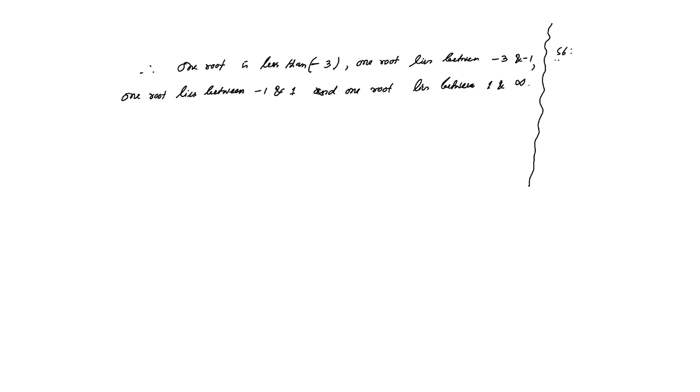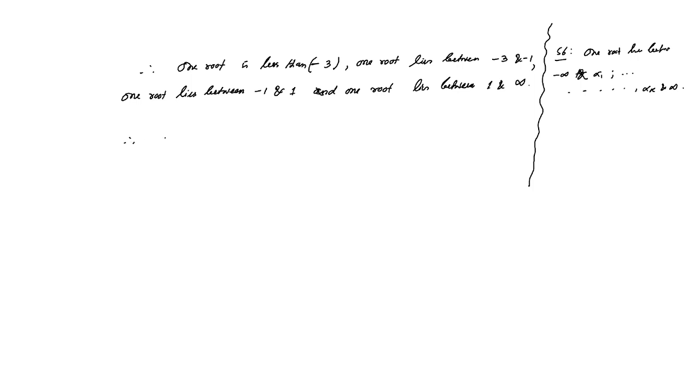So here, step 6, you will write: one root lies between -infinity and alpha 1, then alpha 1 to alpha 2, and one lies between alpha k and infinity.